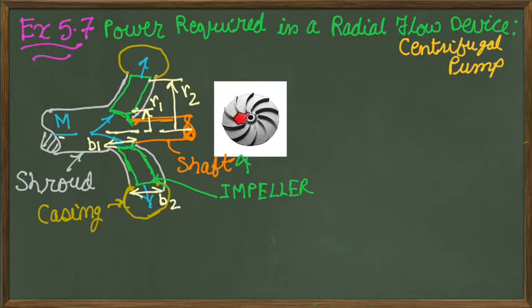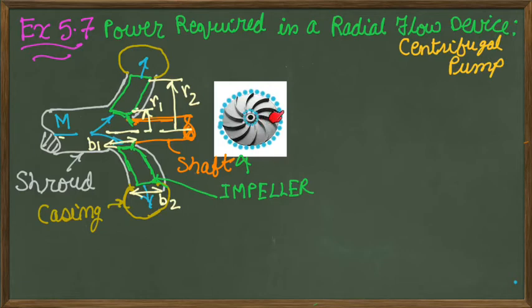So the fluid enters axially and then it moves radially through this impeller. In this problem we take a stationary annular control volume, as shown here, where inside the control volume we have the impeller, and the fluid enters radially into the impeller and comes out of the impeller.